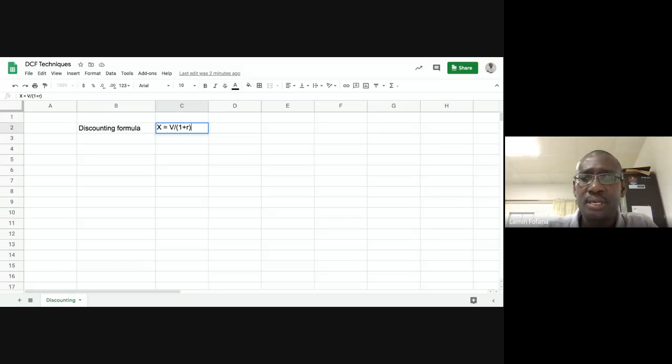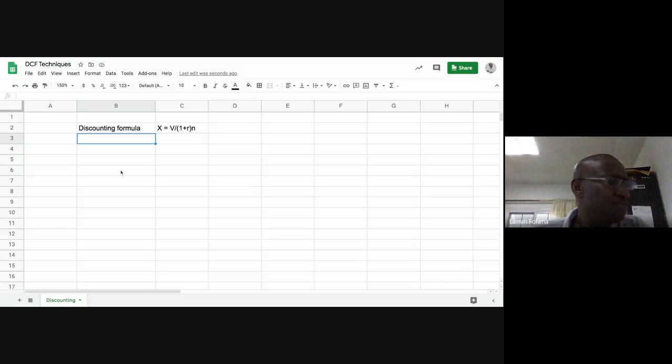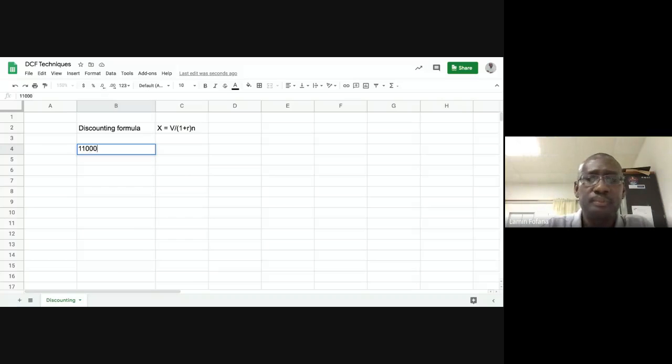Bracket closes, raised to power N. N is the number of years. So if we have a cash flow for year 1, say 11,000 pounds.